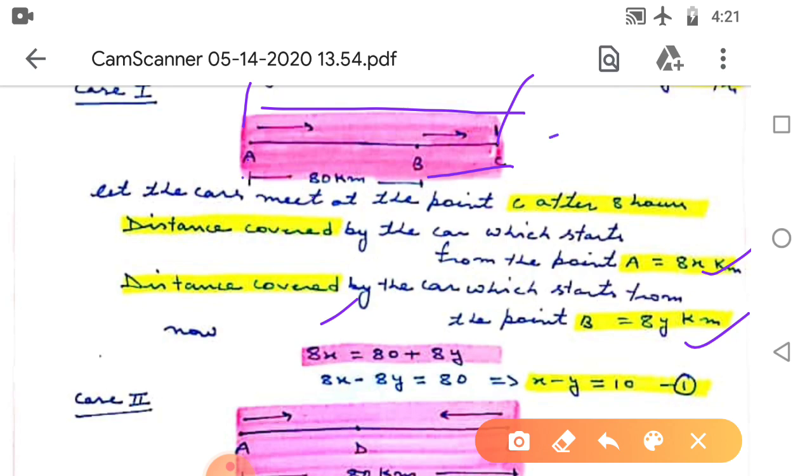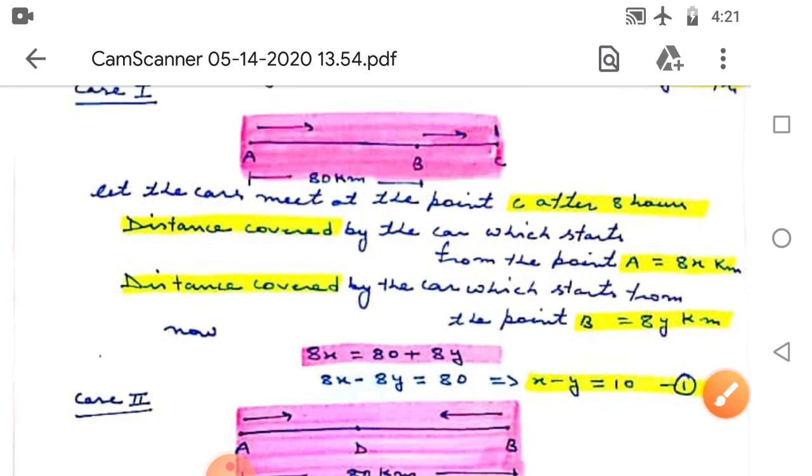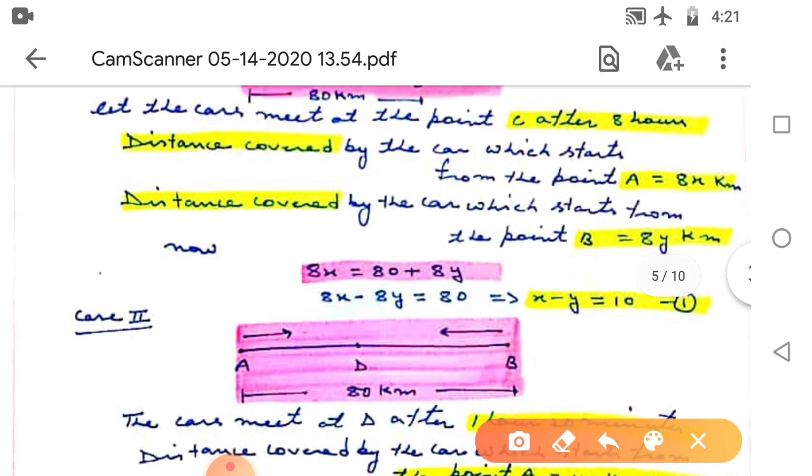AC is equal to AB plus BC. Clear? So 8x is equal to this, AB is 80 plus BC is 8y. So 8x is equal to 80 plus 8y, and finally we get the equation as x minus y is equal to 10.